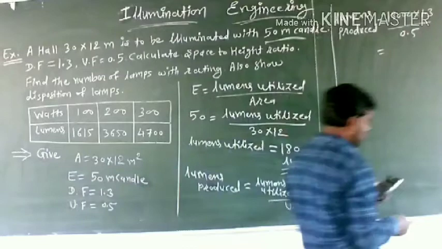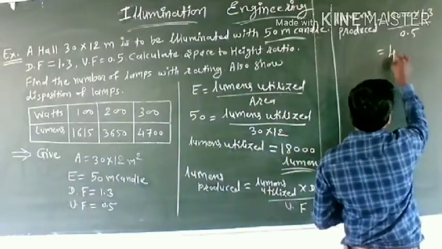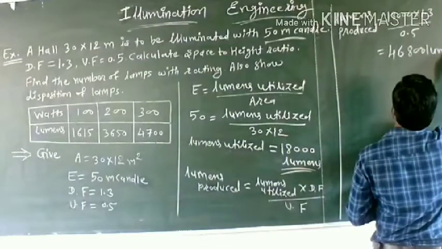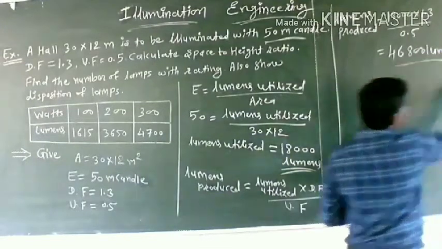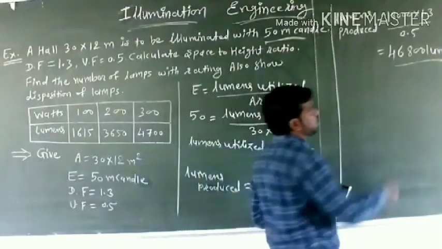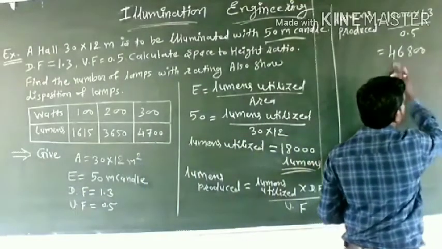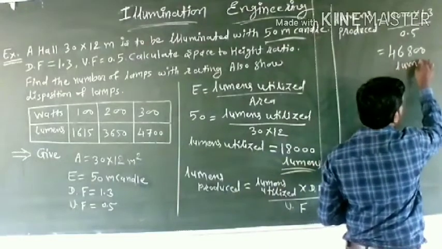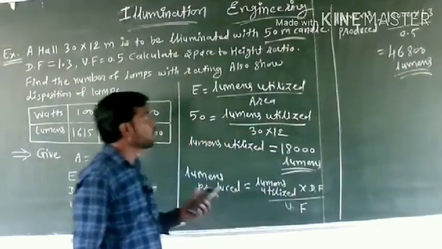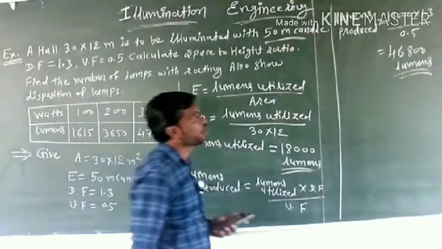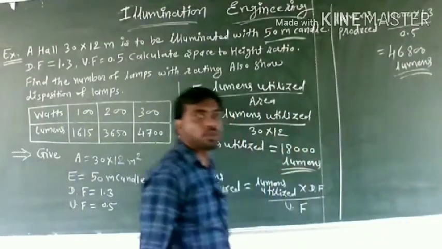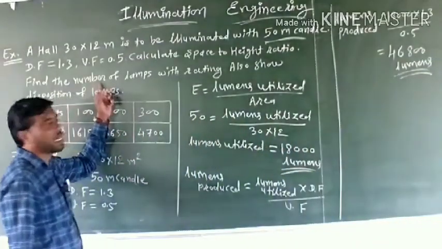We get 46,800. And the unit of lumen produced is lumens. So here the total lumen produced is 46,800. But we have to calculate the number of lamps.